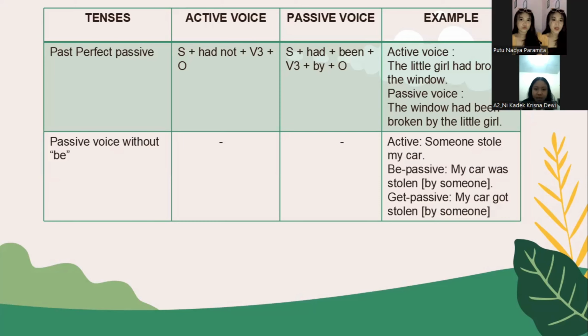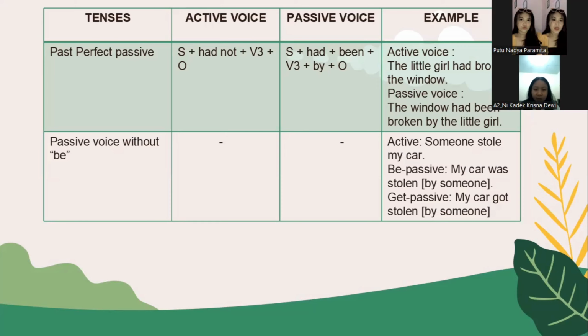Number 6 is past perfect passive. Past perfect passive is used to talk about actions or events that happened before some moment or another action in the past. The pattern for active voice is subject plus had plus verb 3 plus object.